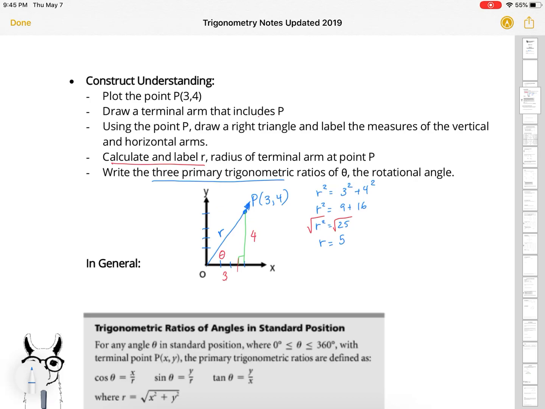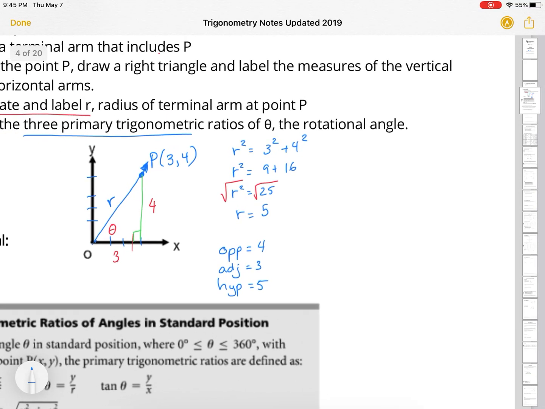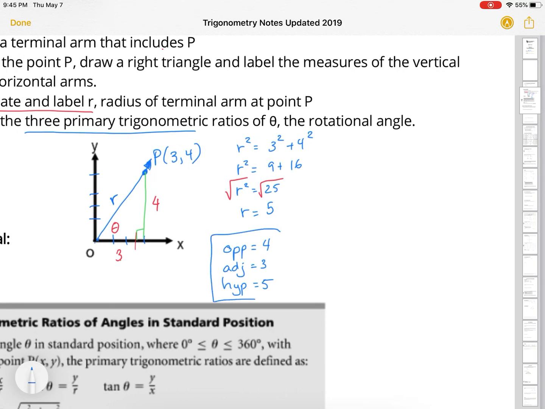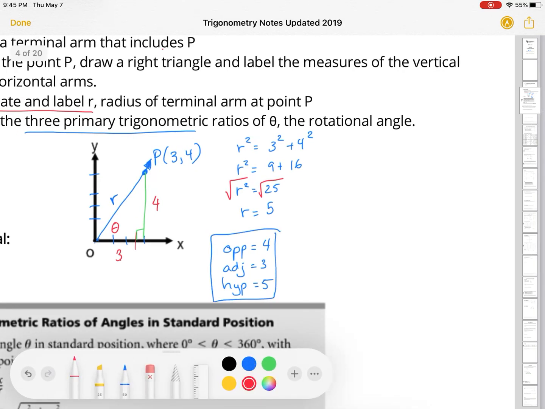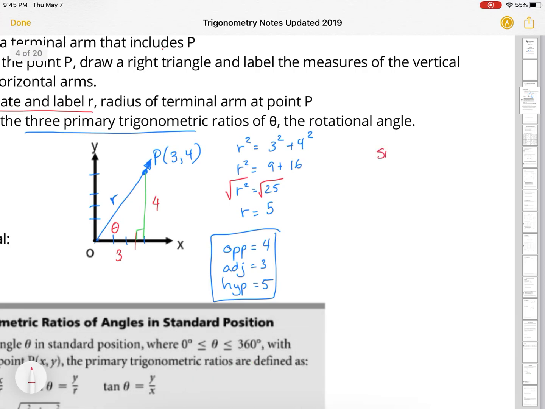Okay? Now we want to write the three primary trig ratios of theta, the rotational angle. Again, we're looking from theta. From theta, our opposite is 4, our adjacent is 3, and our hypotenuse, well, we just figured it out, is 5.